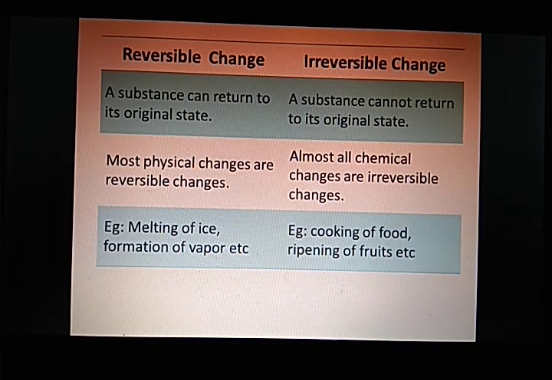Let's consider the starting state is either solid or gas. In a reversible change, a process has happened and the change has taken place, and the substance has converted itself from a solid state to a liquid state. But it can come back once again into its original state, that means into the solid state.